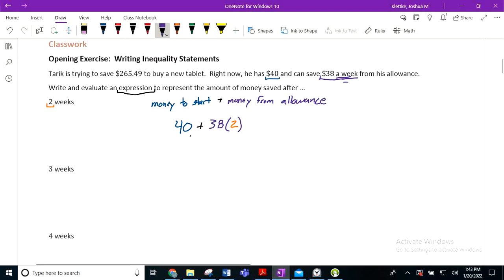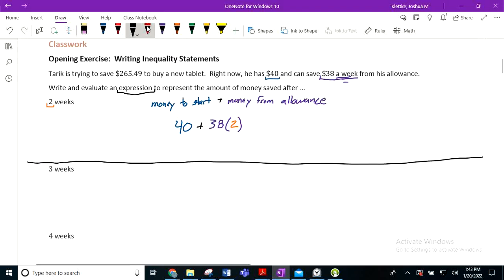All right, now let's actually solve this. Real quick, in case you didn't do it, let's draw a line right here. Keep it all organized. So when I solve this, we'll keep 40. We will do 38 times 2, which will give us 76.